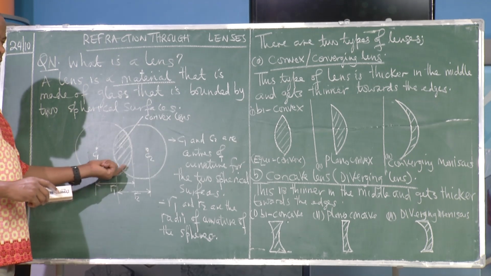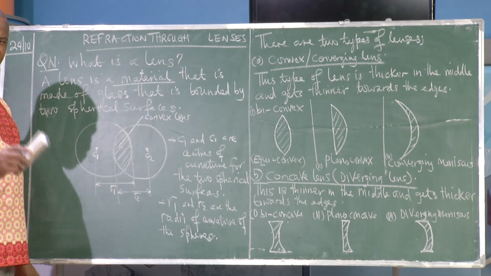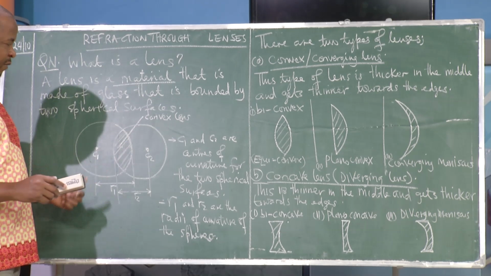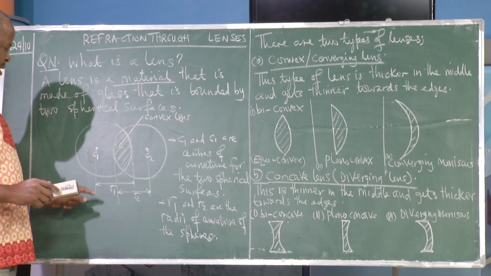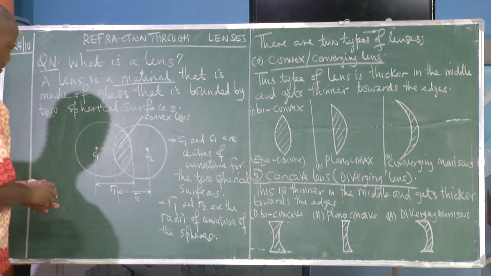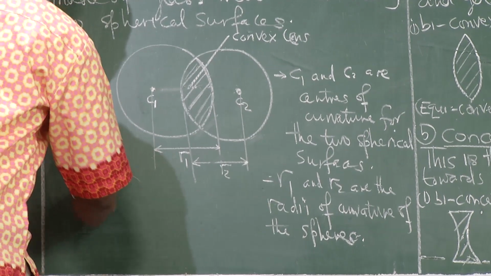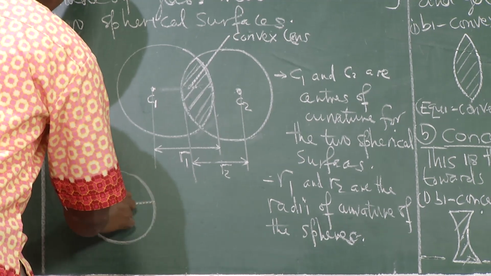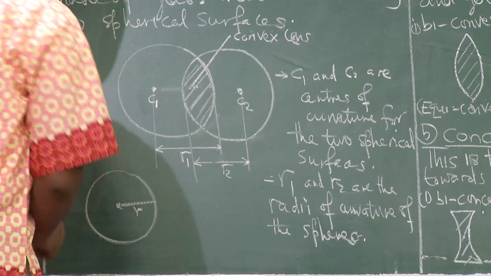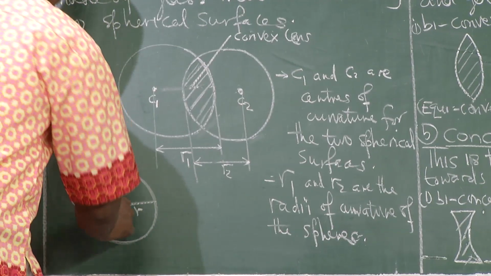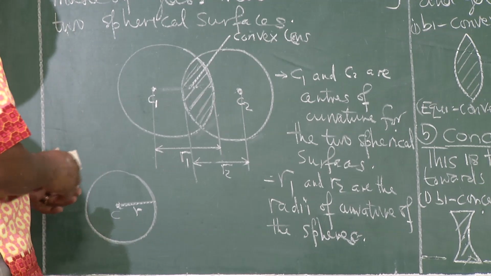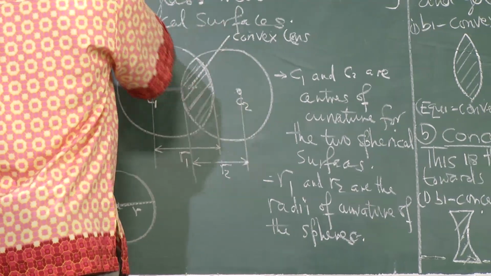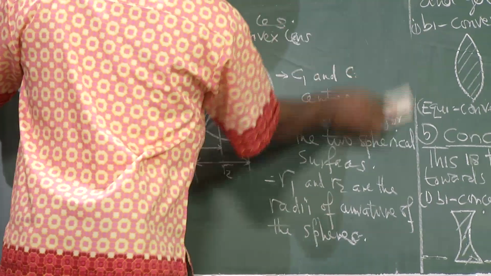What is obtained, the shaded region here, is what we call the lens. C1 and C2 are the centers of curvature of the two different spheres, and R1 and R2 are the radii of curvature. Remember that if we have a circle, the distance from the center to the circumference is the radius, and the center is labeled C, the center of curvature.